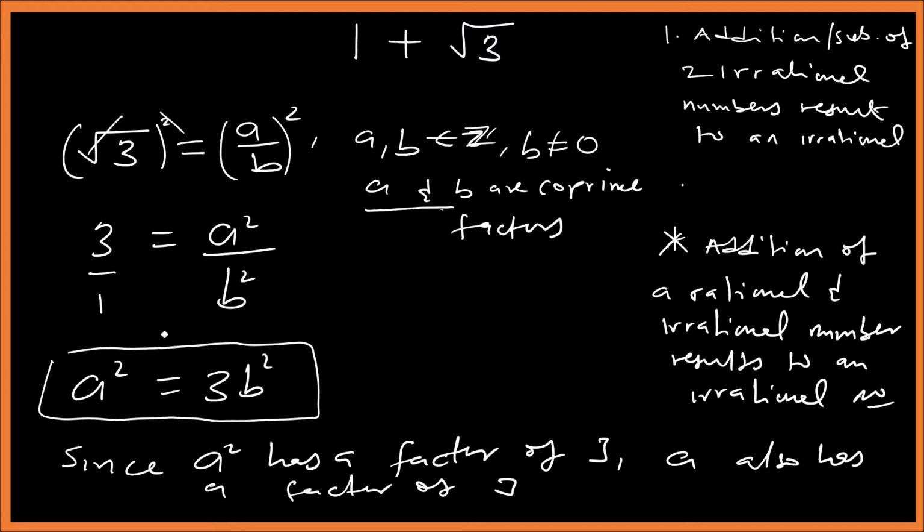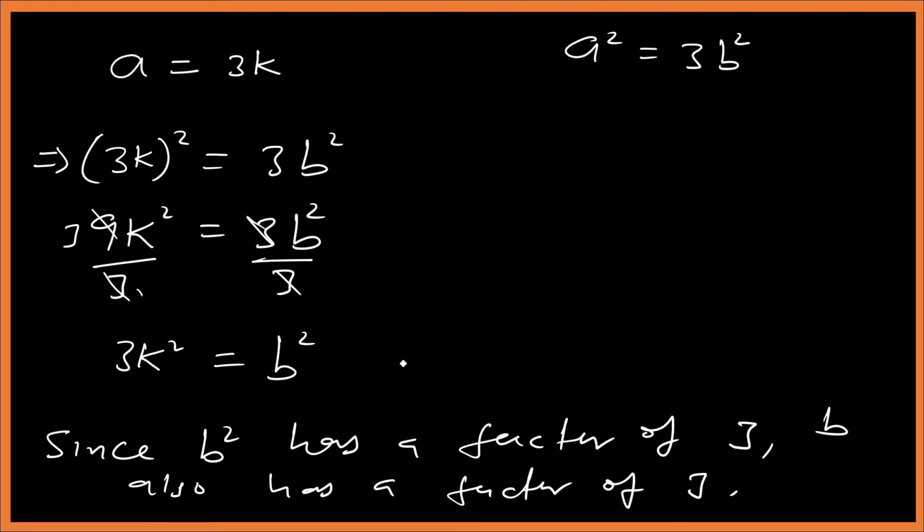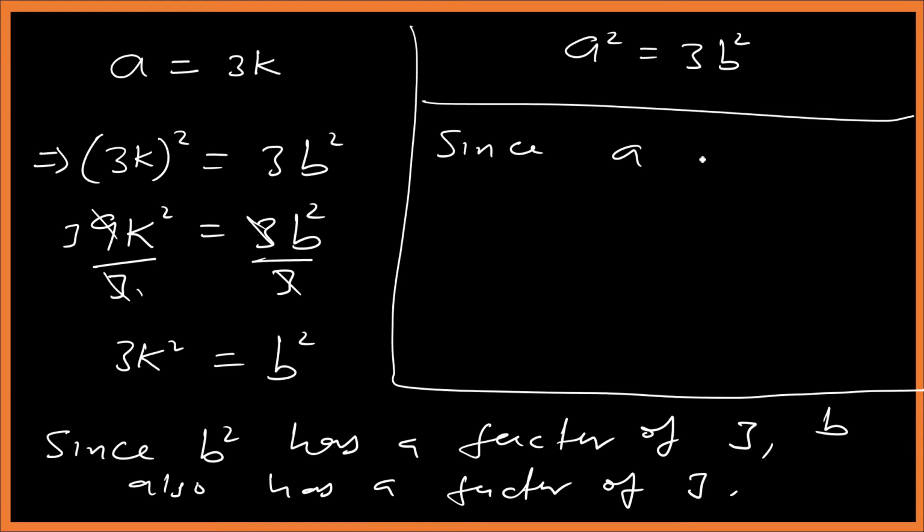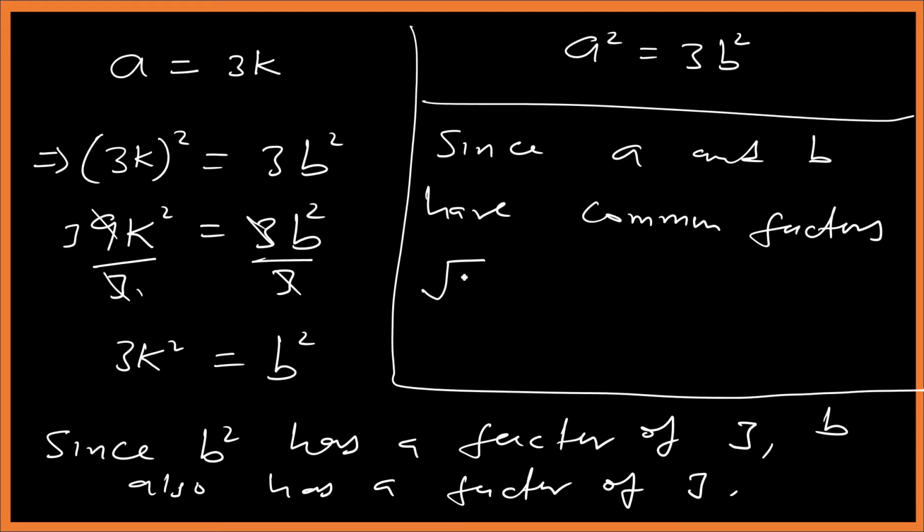So with this we conclude that since a and b have common factors, root 3, which equals a over b, is not rational.